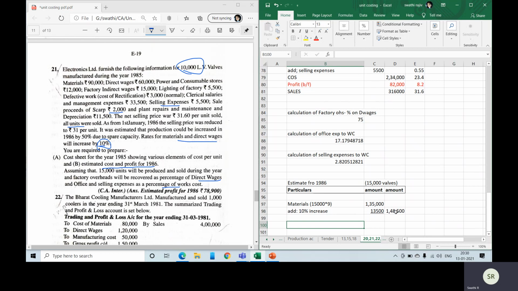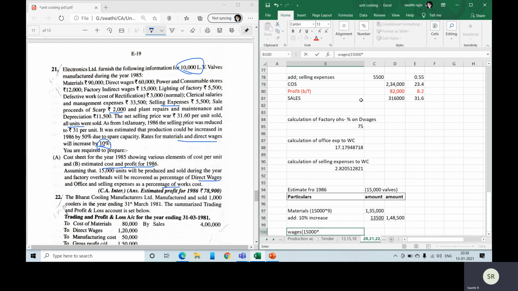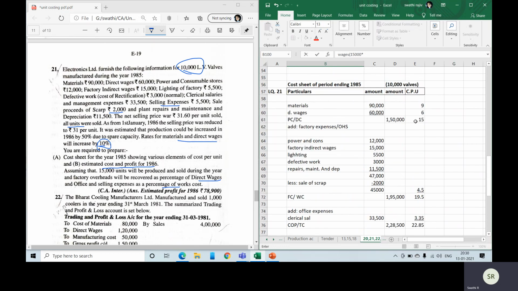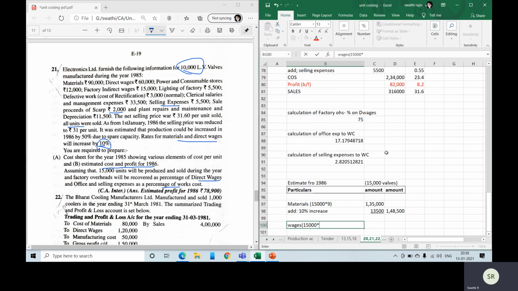Similarly, my wages are also increasing at the same rate. So for wages, it's going to be 15,000 units into what was the rate of wages that we had? Before it was 6 per unit, you're spending 6 plus an increase of 10%.